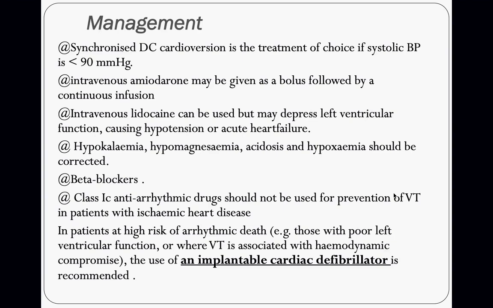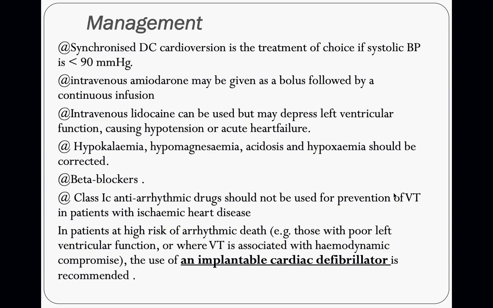In addition, class 1C antiarrhythmic drugs should not be used for prevention of VT in patients with ischemic heart disease. In patients at high risk of arrhythmic death, for example those with poor left ventricular function or where VT is associated with hemodynamic compromise, the use of an implantable cardioverter defibrillator is recommended.